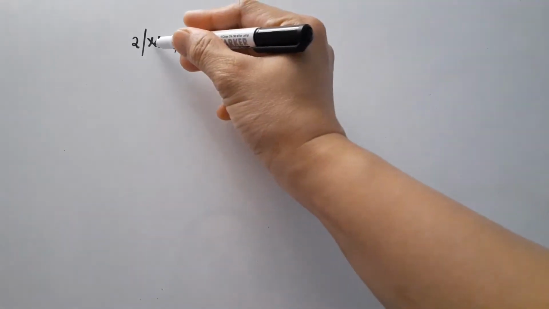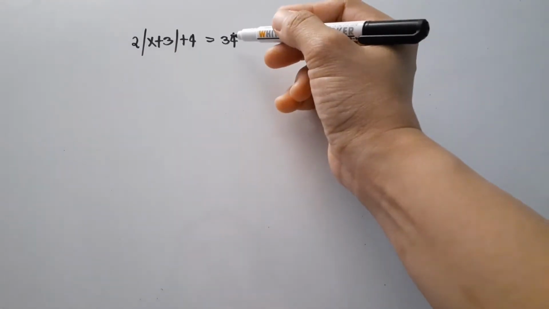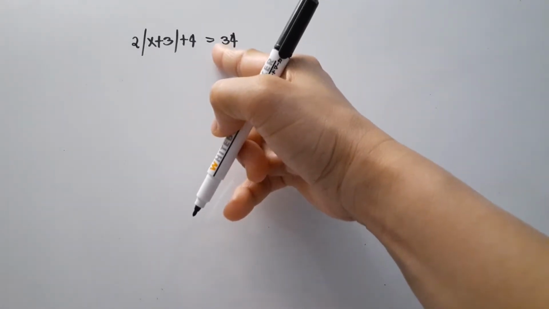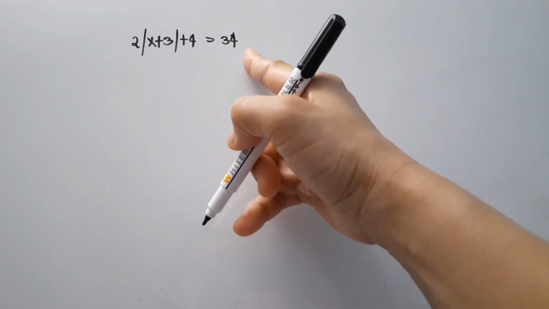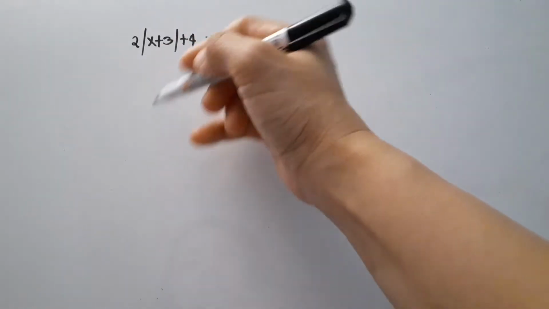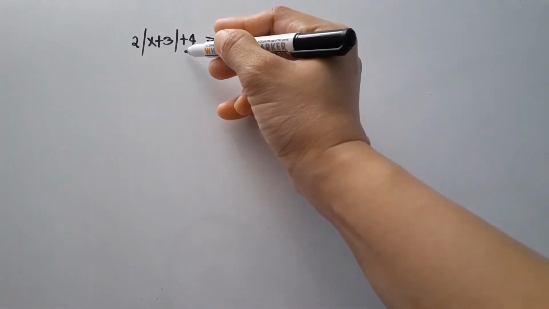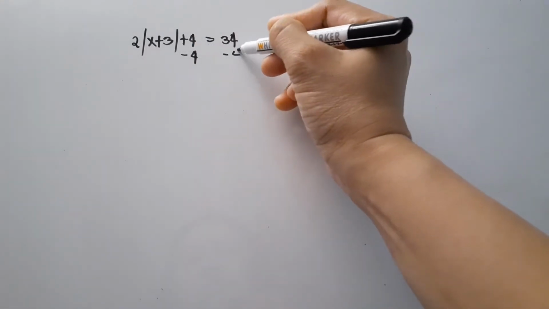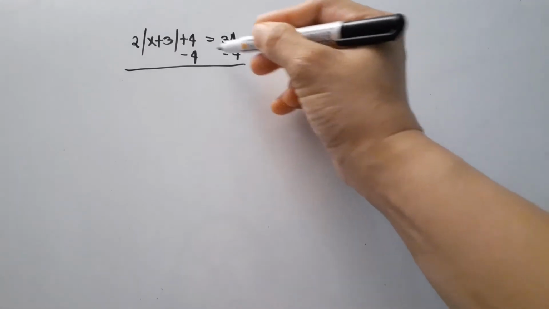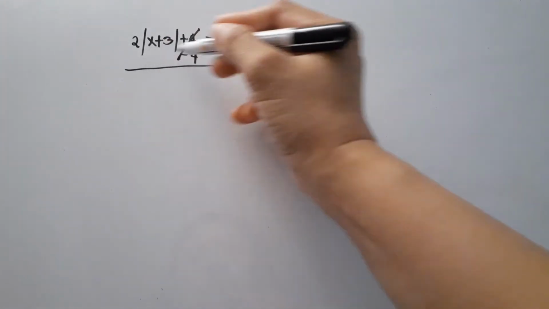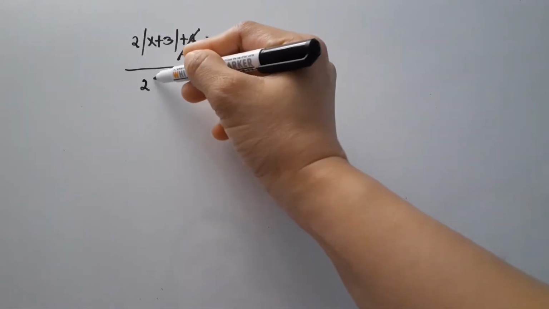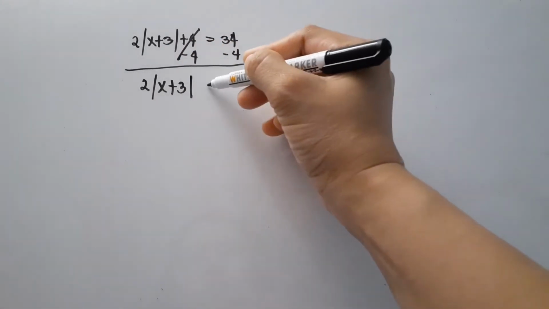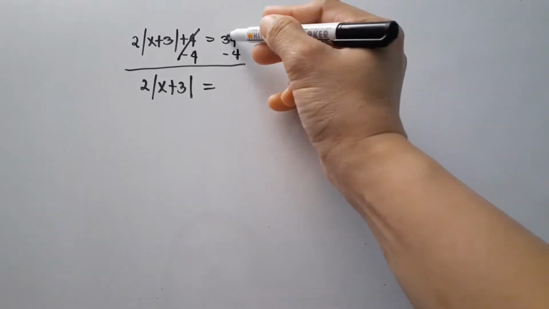Remember, in these equations there are numbers outside the absolute value, so the first thing we have to do is simplify. We subtract 4 from both sides, cancel it out, and the remaining is 2 times the absolute value of x + 3 is equal to 30.